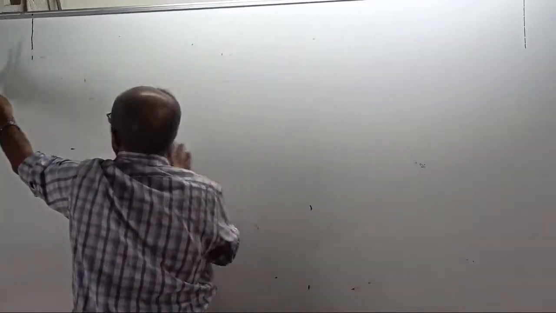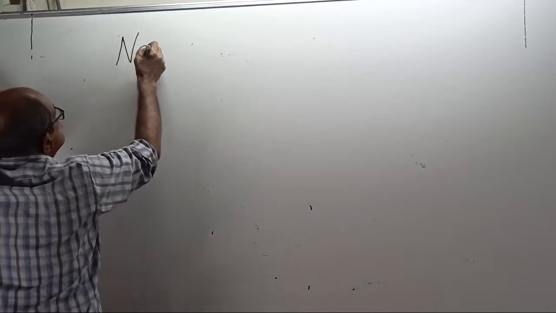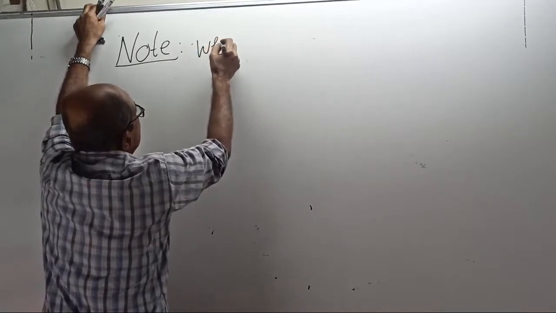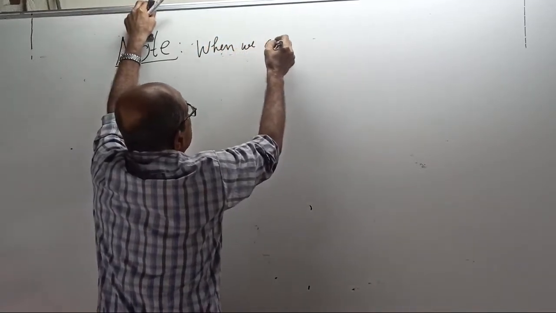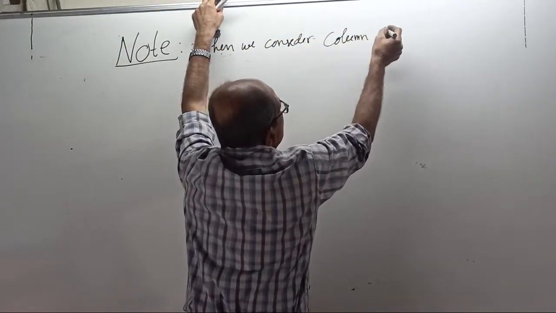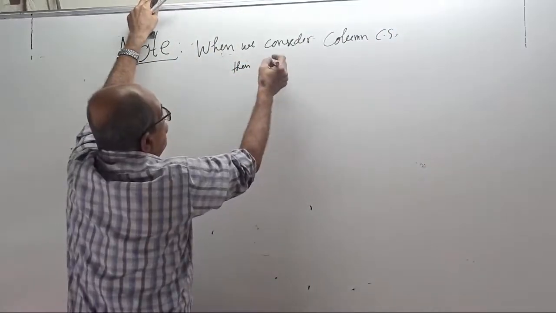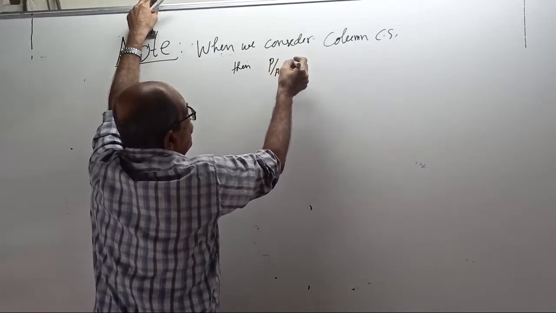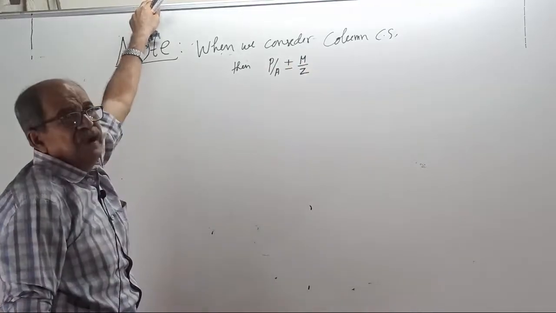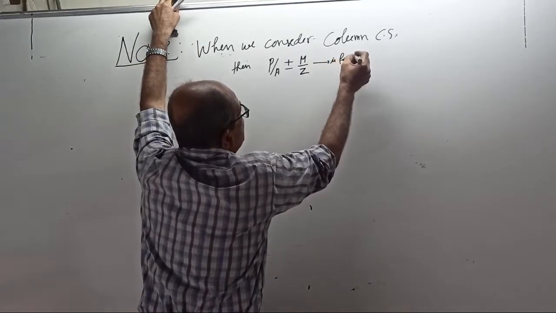Okay, now, one very important note. Make a note here. When we consider a column cross section, then P by A plus or minus M by Z, that is for uniaxial.